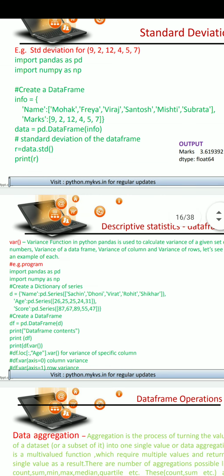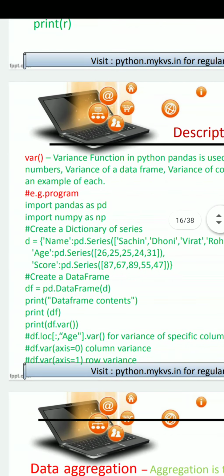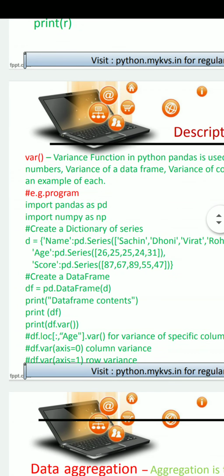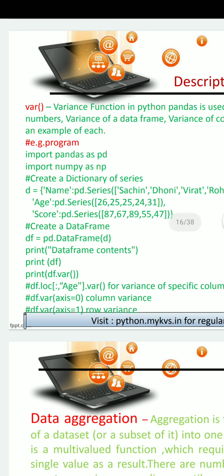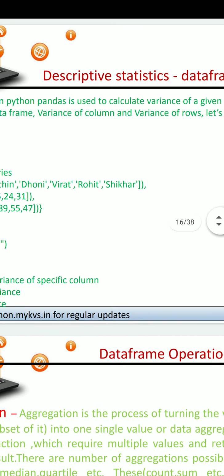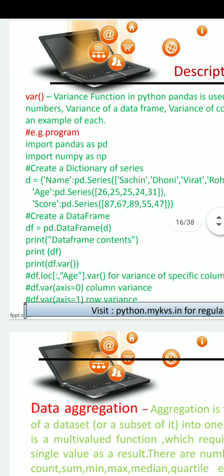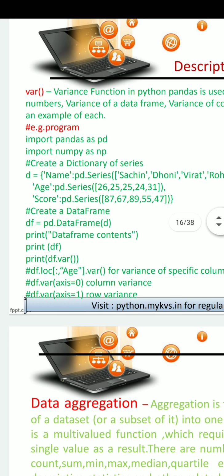Here we have one example: a dictionary d with name, age and score keys with multiple values. Then we create the data frame. If we display the data frame, we find all the values. Then df.var() will find the variance of age and score both.